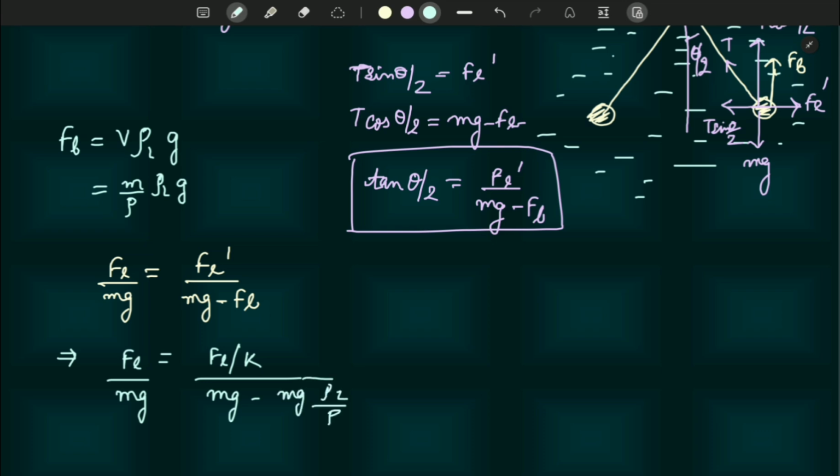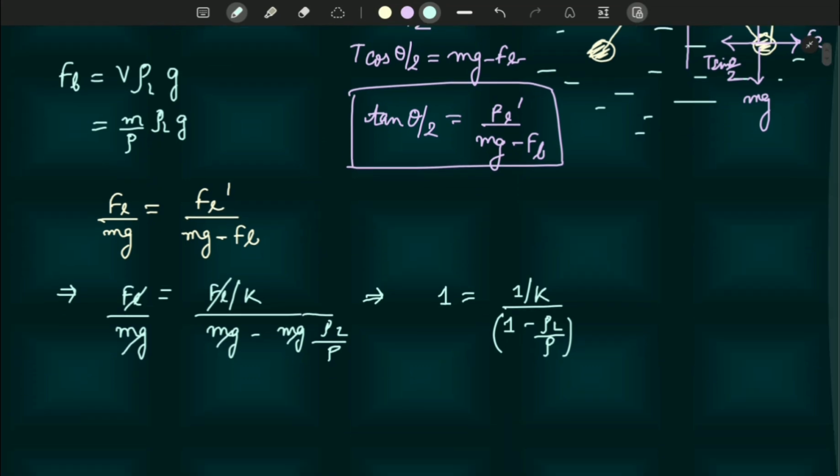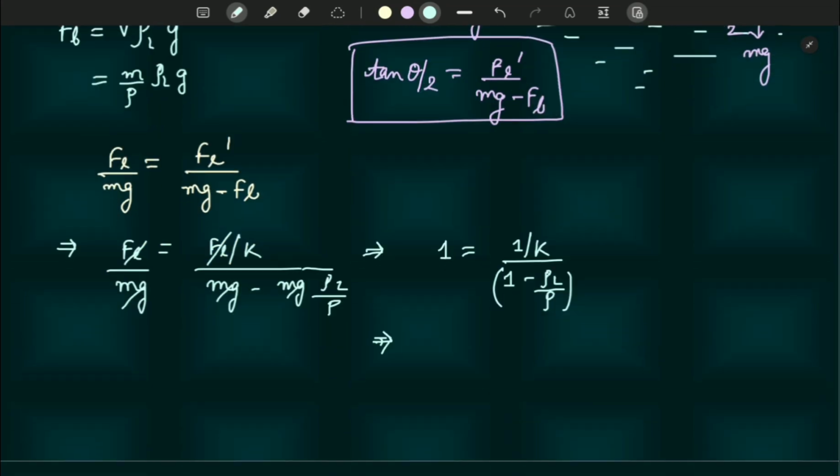Now if Fe and mg are cancelled from both sides, I will get 1 equals 1 by K divided by 1 minus rho liquid by rho, right? So now 1 by K times 1 minus rho L by rho is 1. So from here K times 1 minus, what is rho L?